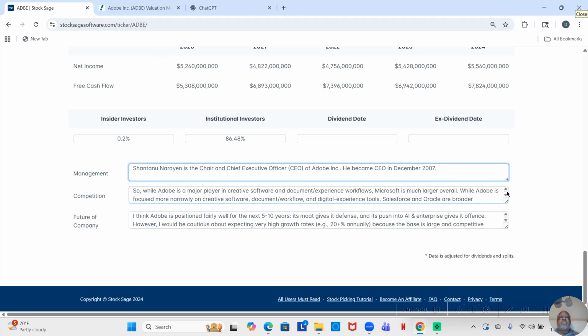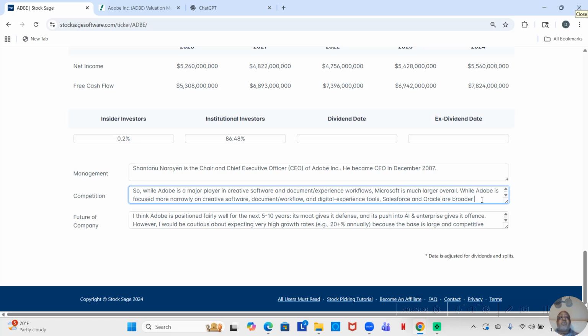Let's go down to the competition section. While Adobe is a major player in creative software and document experience workflows, Microsoft is much larger overall.